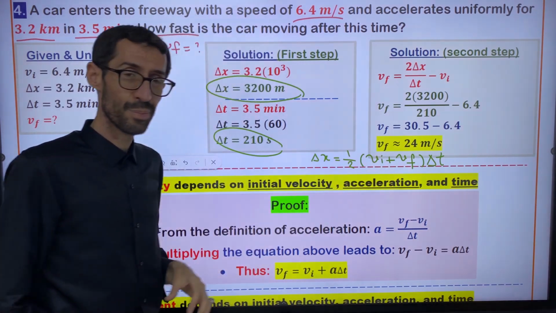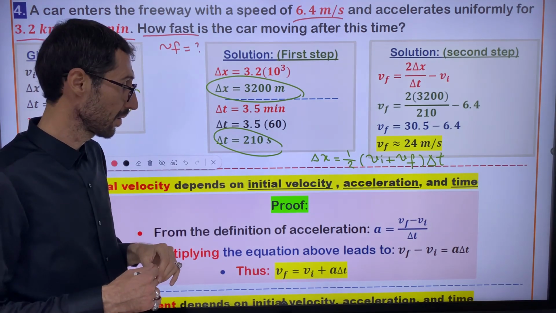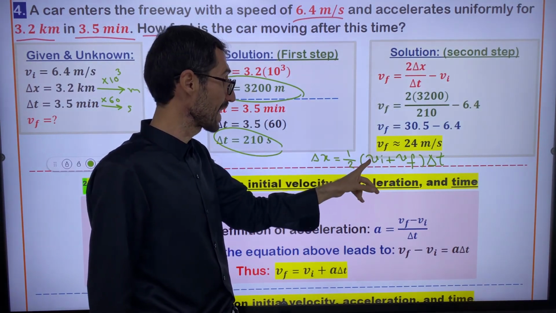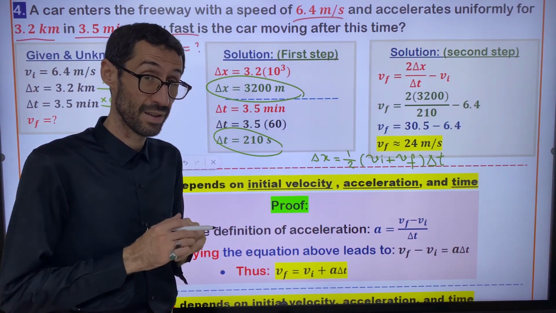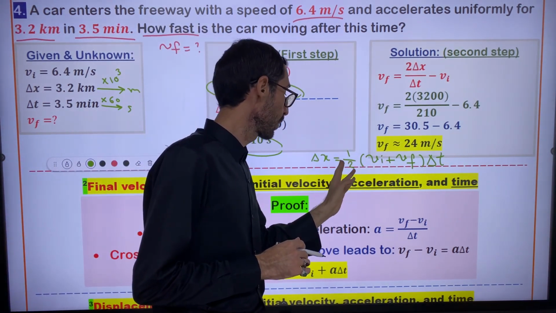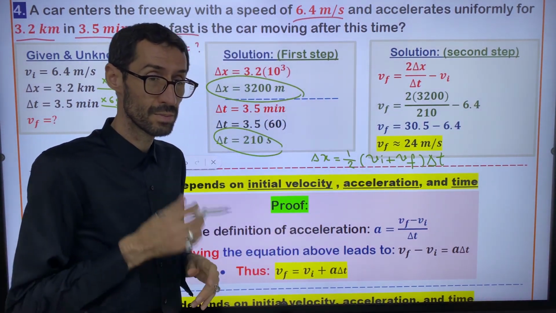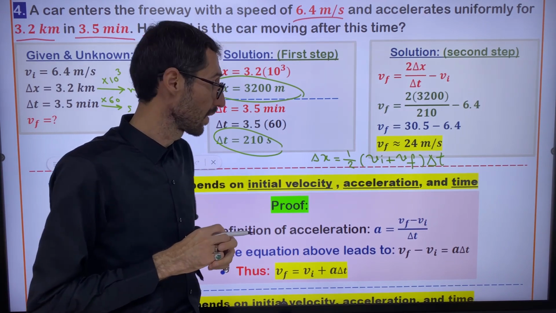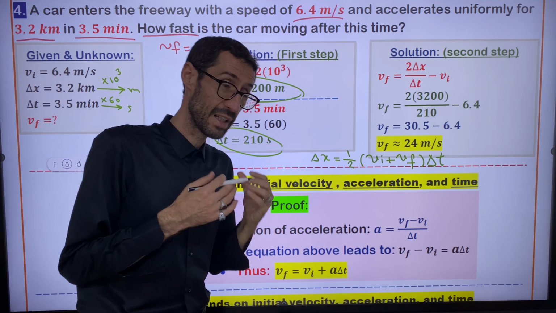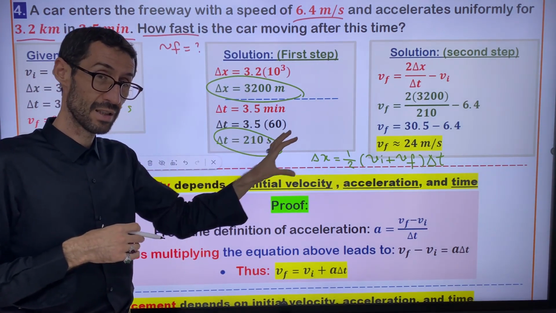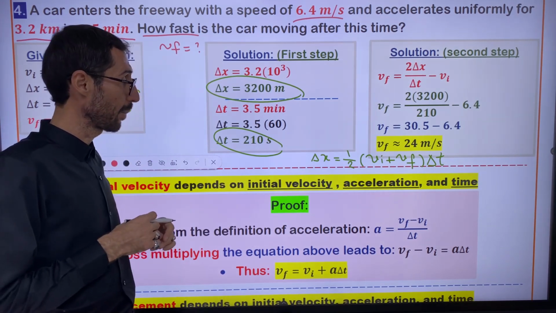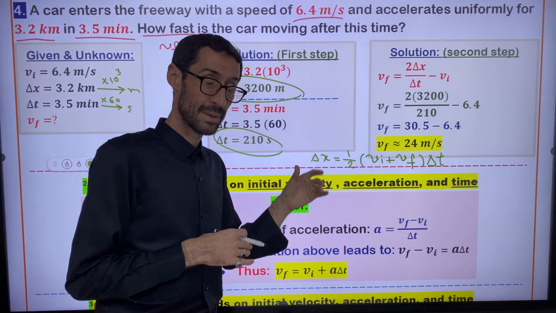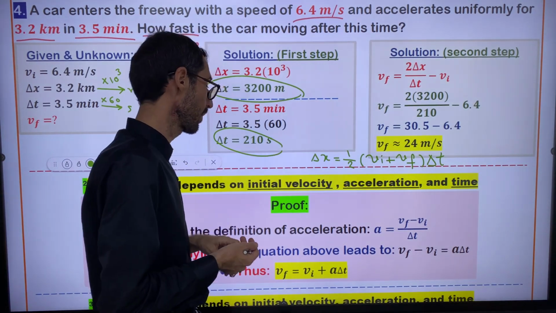I'm not going to prove it for you. It takes time actually. That's why this is the rearranging of this law for Vf, for V final. You may want to know how to reach this form. I'm just explaining the steps quickly, and I'm going to make it easy for you to get this form.